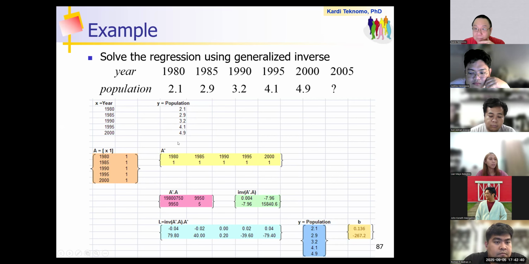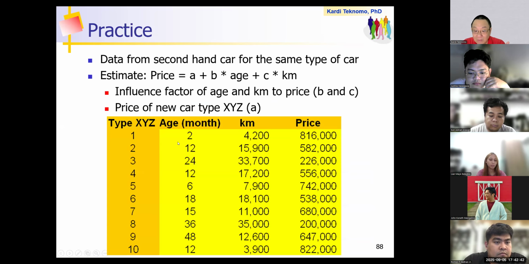Now, what happens if I have this data, the one in yellow here? This is the data for second-hand cars of the same type, for example, Toyota. This is the age in months, this is the kilometers of the vehicles, this is a survey of 10 used vehicles, and this is the price in pesos.